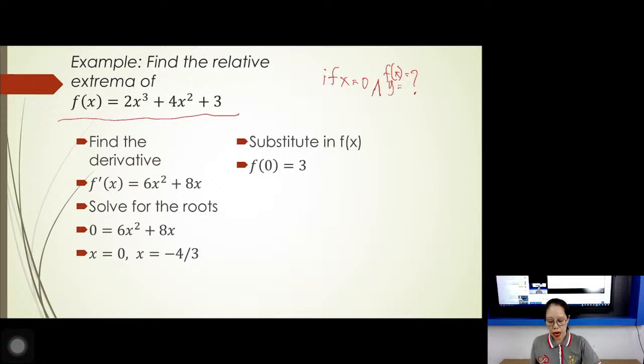Okay, next, what about if x is equal to -4/3? What would be the value of our f of x in that case? Okay, go on and solve. This time it's a fraction, so I'll give you a little bit of time to calculate.